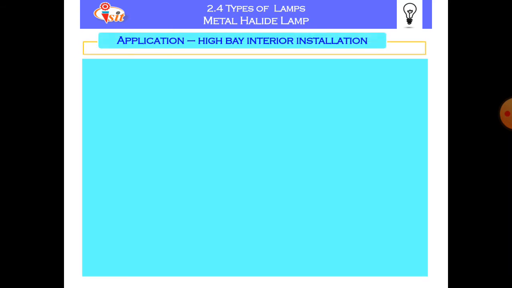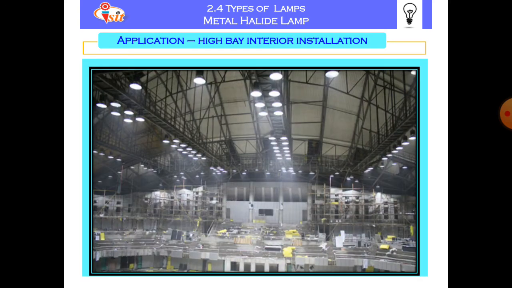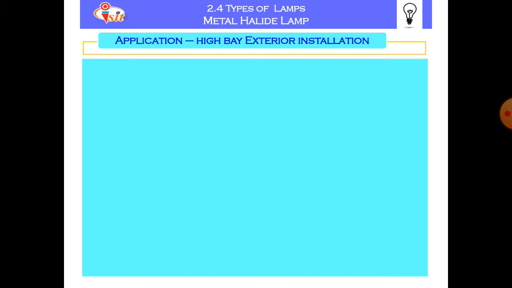So the first application is high bay interior installation. So here a series or bay of metal halide lamps are used in industry, that is interior installation. So this picture shows what kind of intensity or what kind of light effect is received on the working plane. Next one is high bay exterior installation.